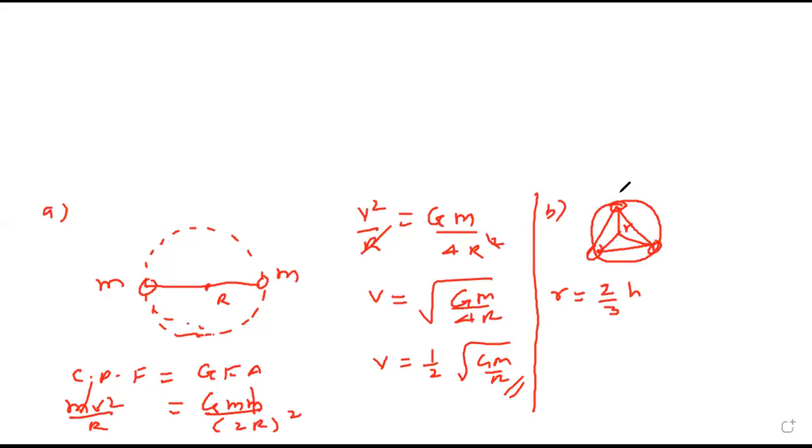Why? Because this is the centroid, and the centroid divides in the ratio 2:1. So the upper part is 2/3, the lower part is 1/3. So the radius of the orbit is 2/3 of the height, and the height is √3 by 2 into side. That means the radius will become s upon √3.